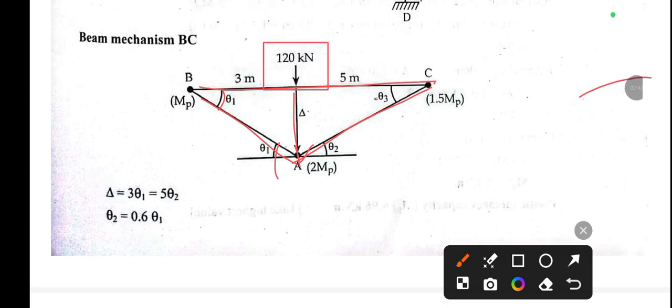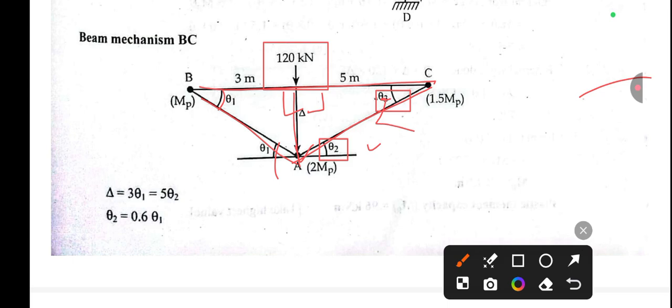And now this will be theta 2. You can see here this angle will be theta 2, then this angle also will be theta 2. So don't be confused, this is theta 2. Now you can see this is a right angle triangle, and this one is also a right angle triangle.